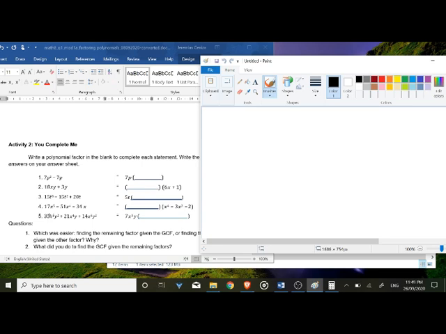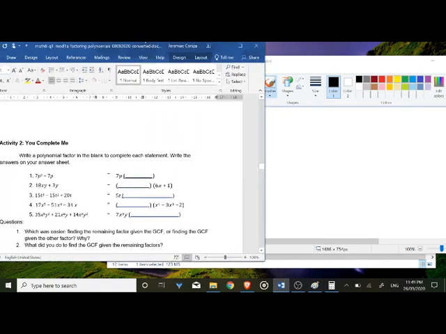So, given na po yung product, the polynomial, given yung isang factor. So, anong gagawin? So, you will just divide each term ng ating polynomial by the given other factor. Alright? So, isusulat natin ang sagot.